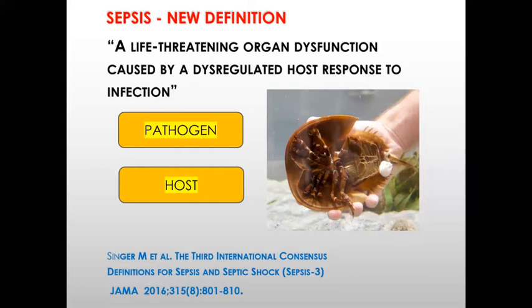The limulus crab, out of interest, is an organism that hasn't changed for many millions of years. It's a big animal, as you can see, and it has the ability to clot its blood the moment it's exposed to any microorganisms. That helps the organism protect itself.